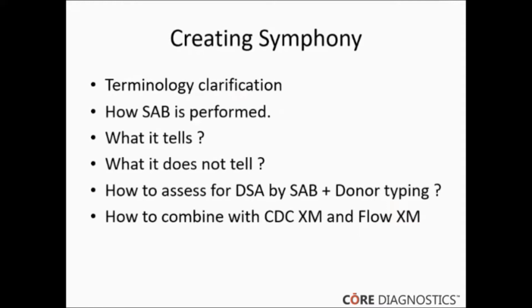And then at the end, we'll do multiple cases of how you combine the CDC crossmatch, the flow crossmatch, and the single antigen bead, and your interpretation for the donor specific antibodies to come up with a comprehensive immunological risk profile to then decide how to proceed for transplant.